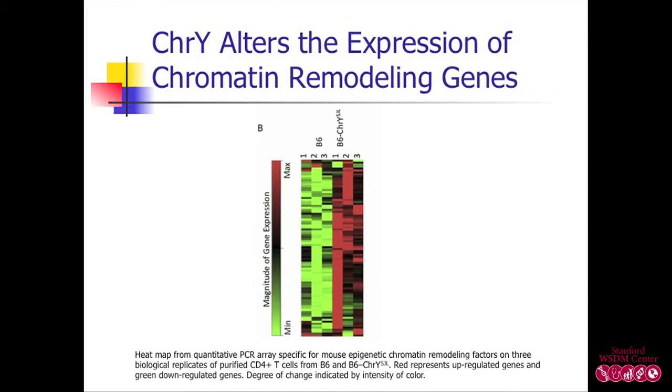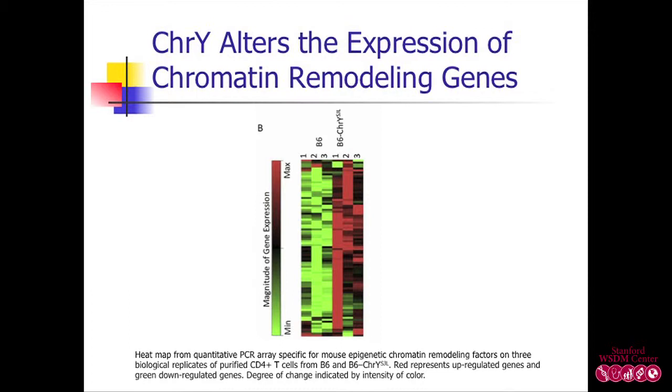In fact, we ran a validation using a qPCR array that was specific for mouse epigenetic chromatin remodeling factors. What you can see is that B6 has very high levels of chromatin remodeling factors, and when you have the SGL Y chromosome in those CD4 T cells, you have a marked downregulation in chromatin remodeling factors.